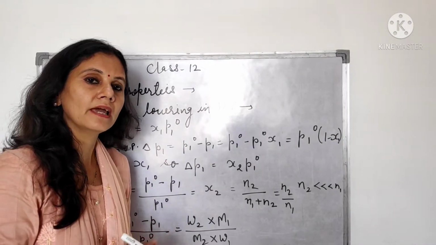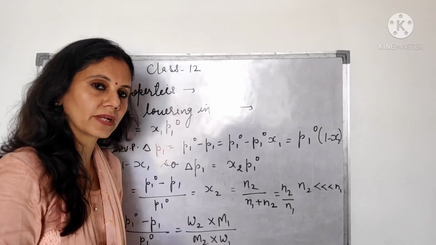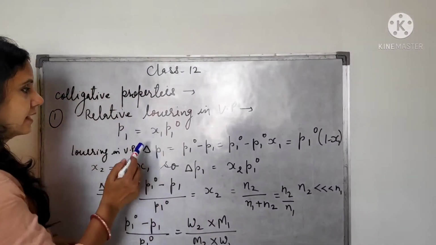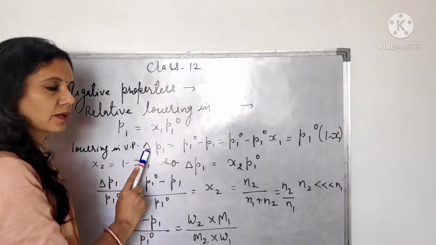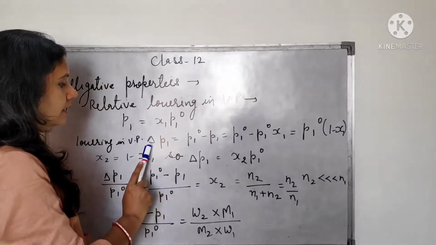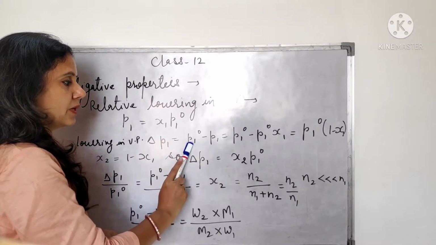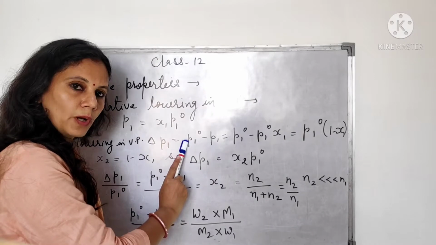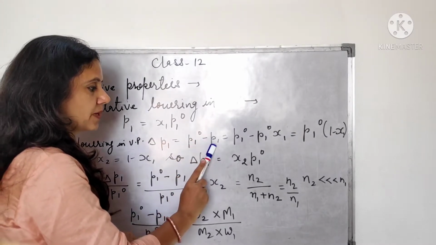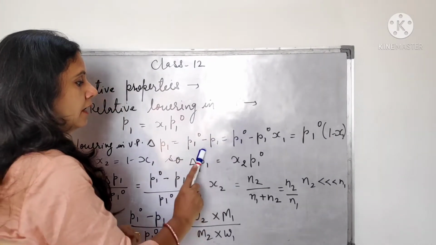Lowering in vapor pressure is directly proportional to the mole fraction. So we are doing one derivation: lowering in vapor pressure, the decrease in vapor pressure, can be denoted by delta P1. Delta P1 will be P1 naught minus P1, means vapor pressure of pure solvent minus vapor pressure of the solution.